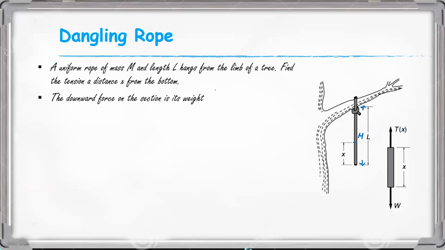Here, when we consider the rope, we have said that it has a mass capital M for this length. Then the downward force on this section is its weight.